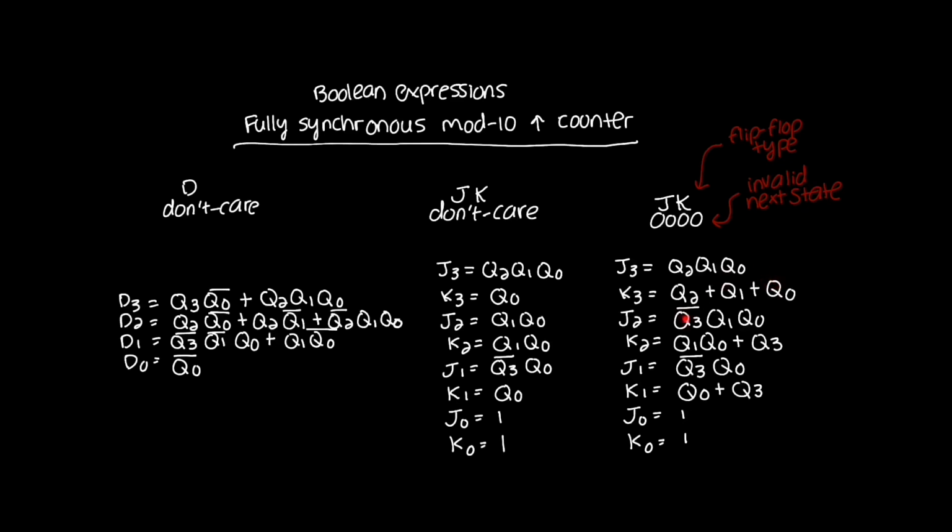And over here, especially comparing it with the other JK counter, I can see that I still have double the number of logic expressions, and my logic expressions are slightly more complex. So, for example, I have way more OR gates. I don't have any OR gates in this case, but I have quite a few here. So this is a comparison of the 3 fully synchronous mod 10 up counters that we did.